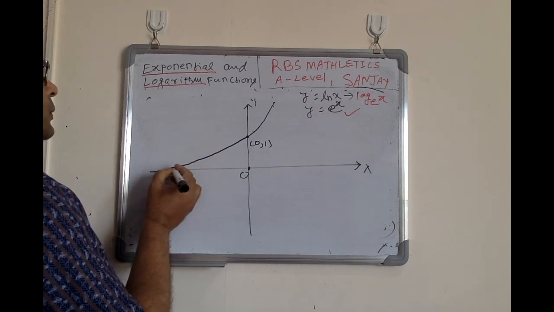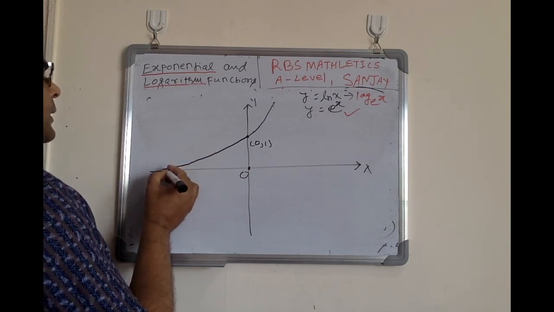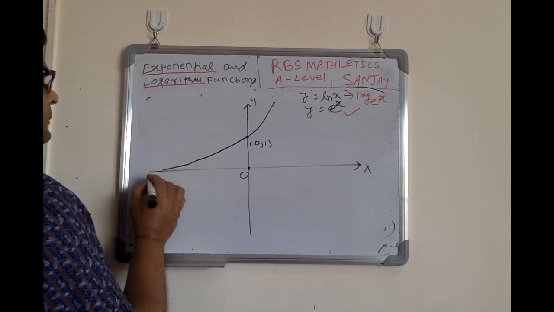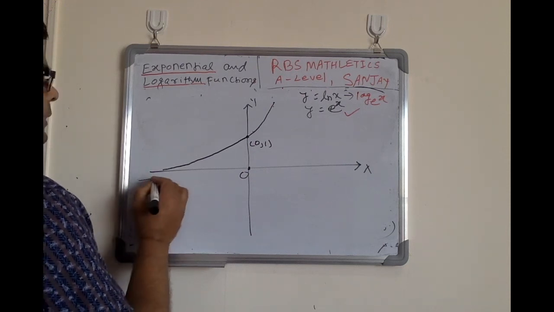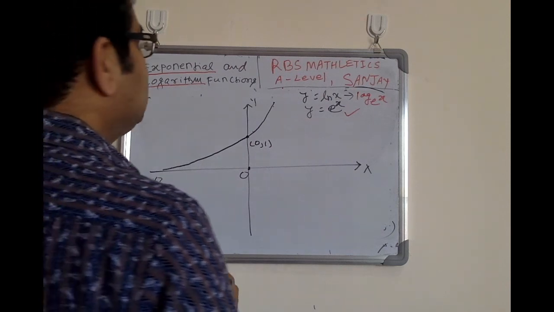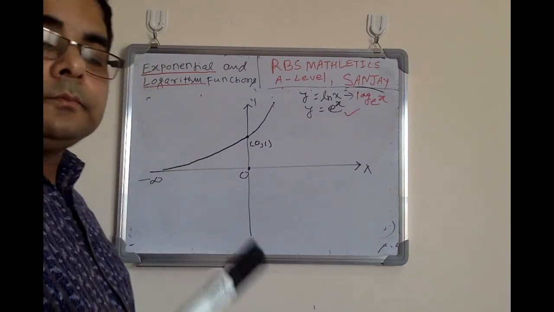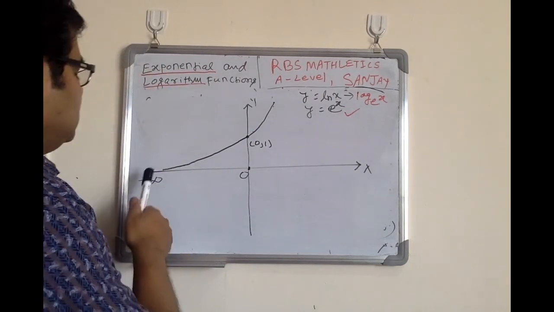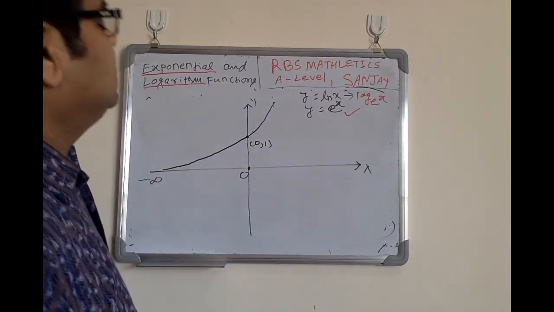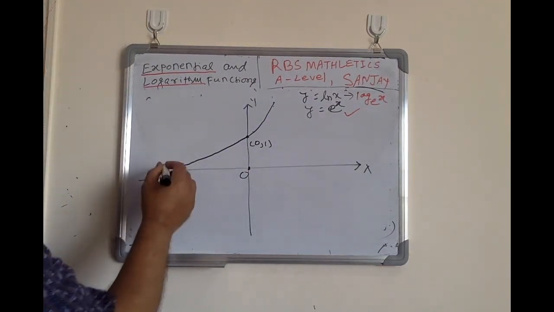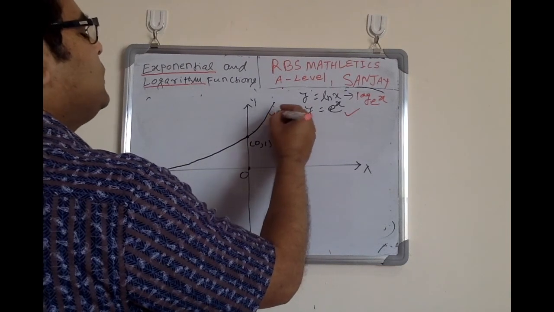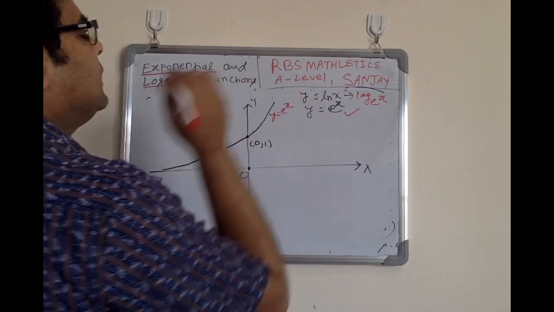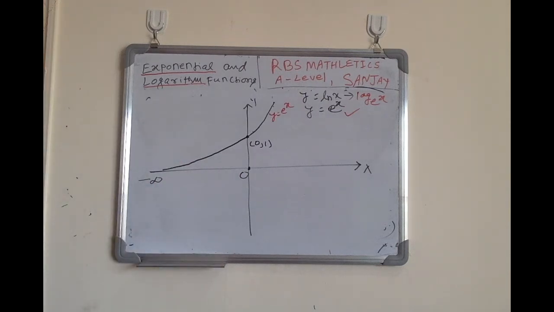It tries to reach nearer and nearer to the x-axis from the negative side, and it will not cross the x-axis, it will only reach it at negative infinity. Okay, so your curve will be like this, this is the curve for y equals e^x.